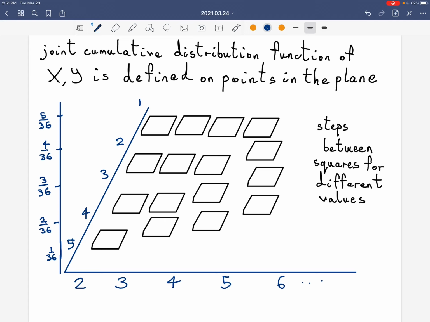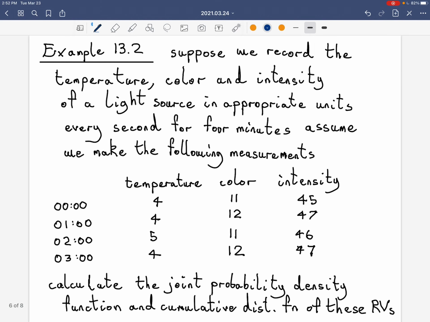So that square is supposed to be positioned at 0, because there are no outcomes satisfying both conditions. The other squares jump around to different heights, which are multiples of 1 over 36, based on whether you can find outcomes which simultaneously satisfy both of those bounds.